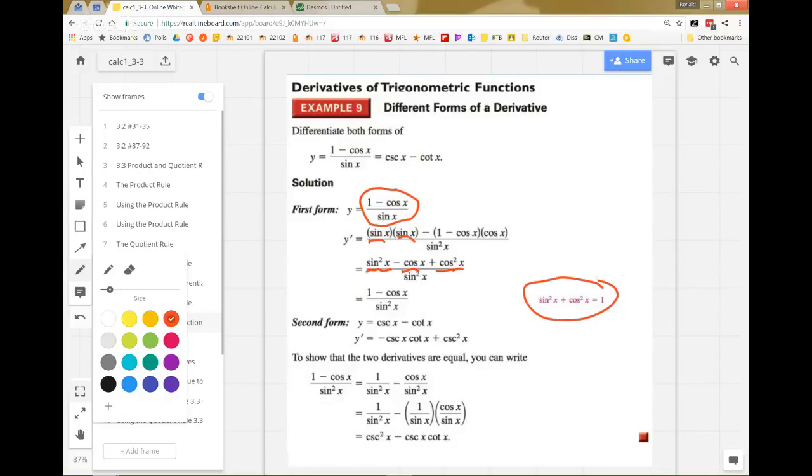Sine squared plus cosine squared equals 1. So this part right here, you can replace with a 1, which they did. Voila. We have the derivative. So just to show you, you need the quotient rule with certain trig identities also.